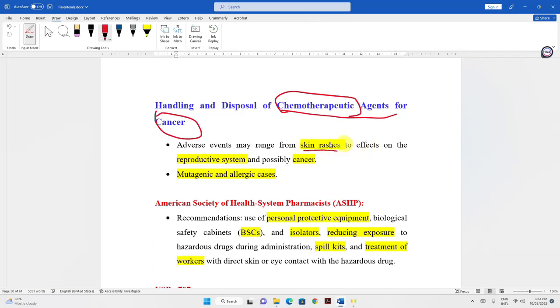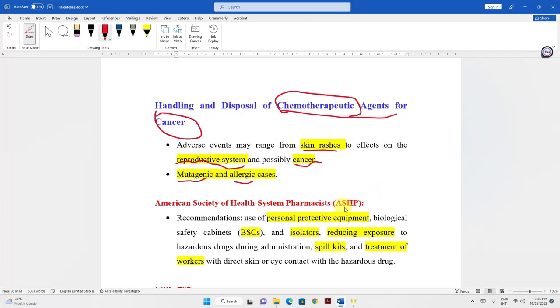But the effect might be severe enough to affect the reproductive system, and it can even cause cancer in the person who is working with these agents if this person is not taking precautions and the necessary training. They may cause mutagenic and allergic reactions in the person and in the fetus, God forbid, if someone is pregnant.